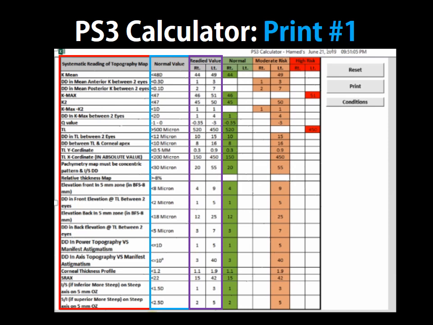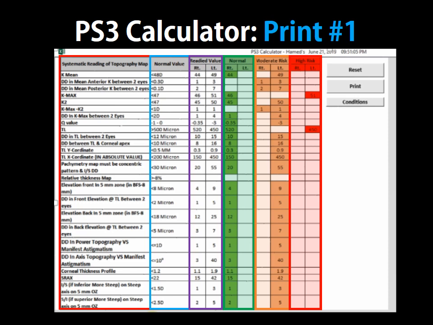According to the data we entered, the right eye has most of its values in green, which means normal values. The left eye has most of its values in orange, which means moderate risk values, and the left eye also has two high risk values in the red column.